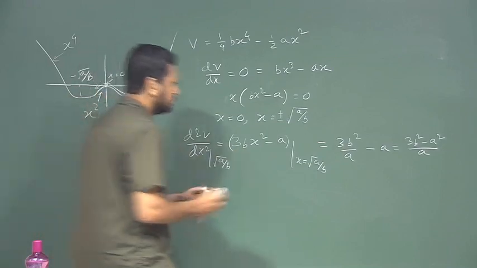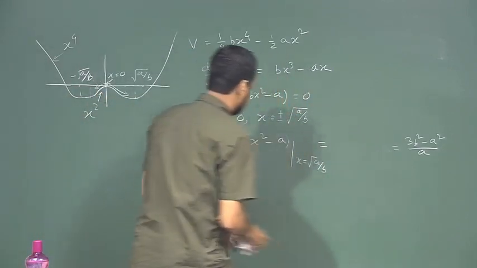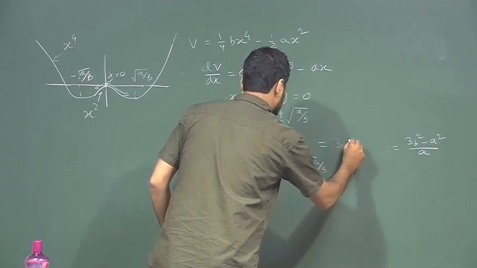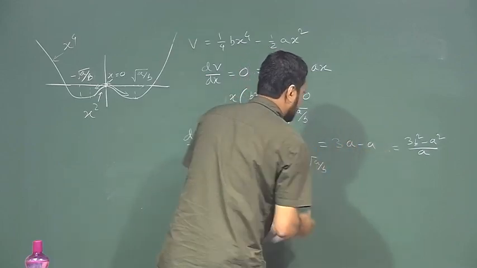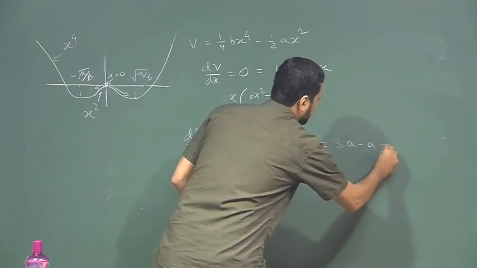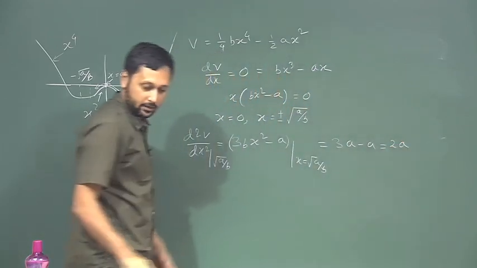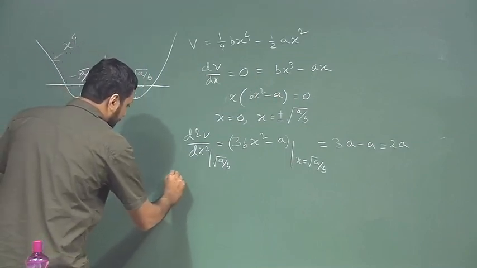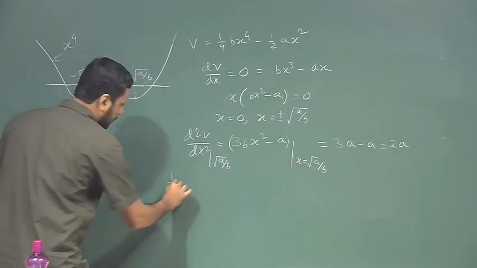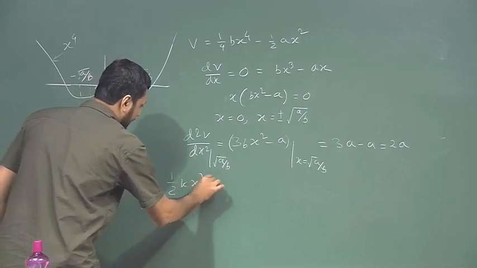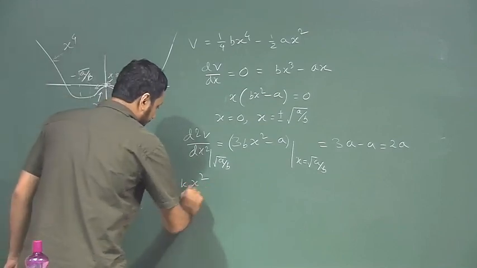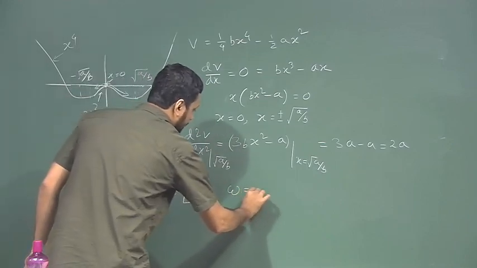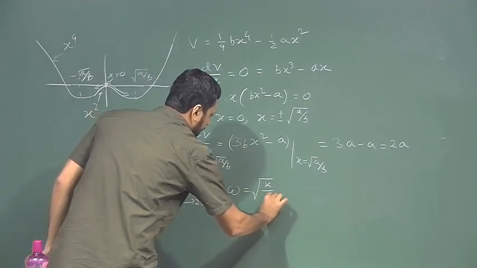So, 3a minus a, which is nothing but 2a. And you see, every potential, especially one dimensional potential, can be brought into the form of half k x square, and in this case k is equal to 2a, and frequency omega will be root over k by m.